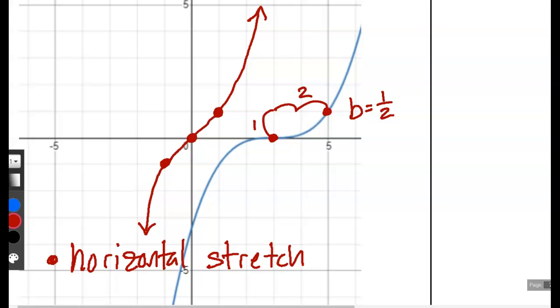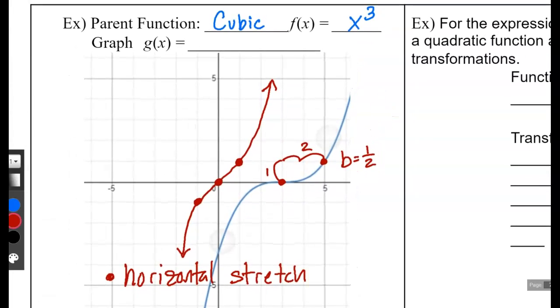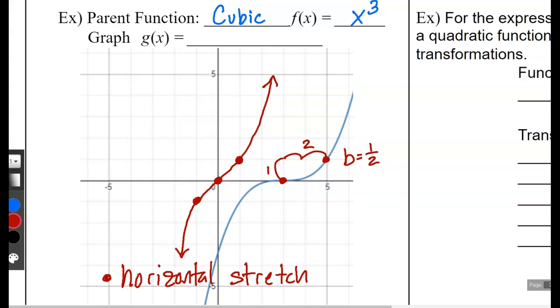So, in my equation, this is a cubic. B goes right in front of the X. So I'm going to have a 1/2 in front of my X, and it's all going to be cubed.